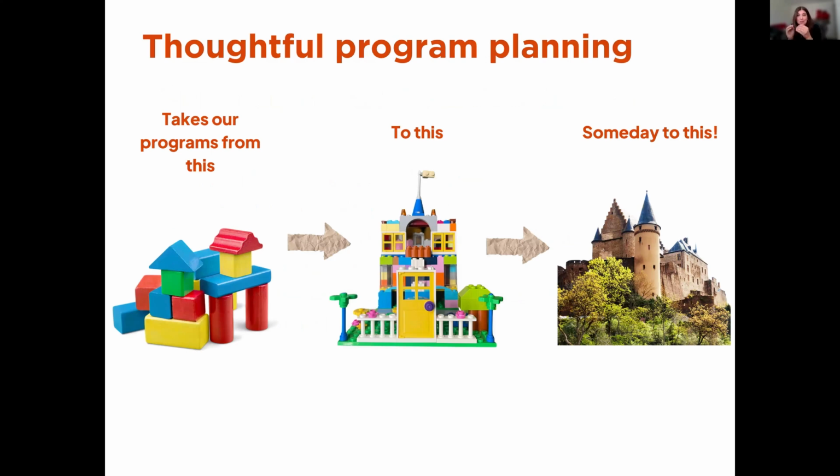So just a reminder, why do we talk about logic models when we talk about evaluation, right? Especially if you've taken a course on program planning, you've been working in the field a really long time, you're like, yeah, I know. What do logic models have to do with evaluation, right? What logic models and good program plans actually do is help us go from these really basic formulations of our programs to more advanced forms.